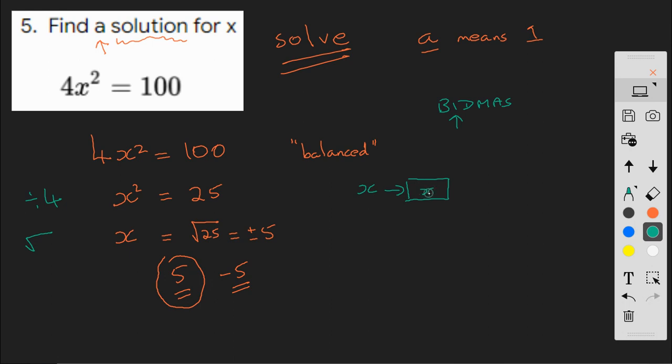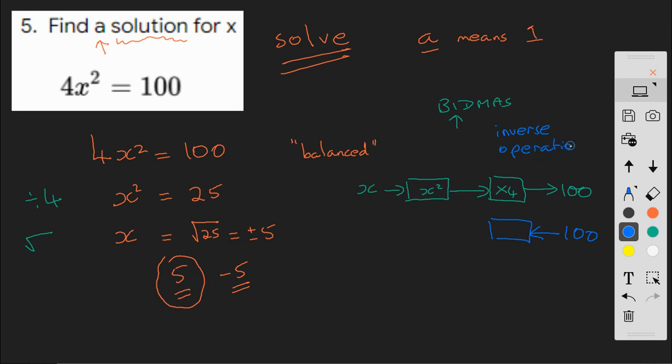So the first thing we're going to do is to square our number. The next thing we're going to do is to multiply it by 4, and out at the end comes our number 100.